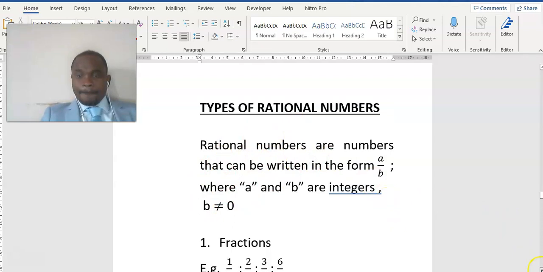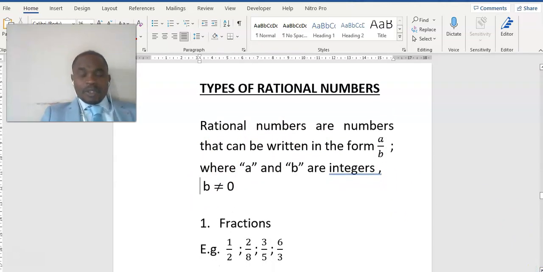Now we are actually talking about types of rational numbers. This one is the definition of rational numbers.